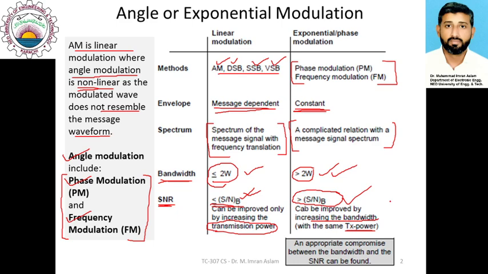So if we increase the bandwidth of the modulated signal, we also get an increment in the signal to noise ratio. So generally what we need to do is create a compromise between the bandwidth and SNR, so that we can get an optimum value of the signal to noise ratio and a reasonable value of the bandwidth for the better performance of the signal.